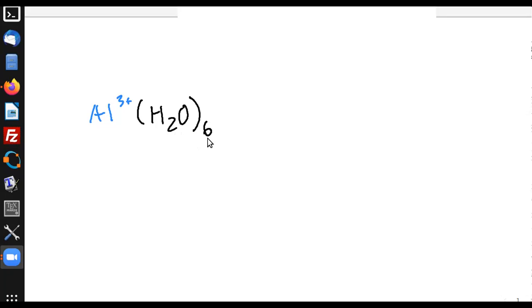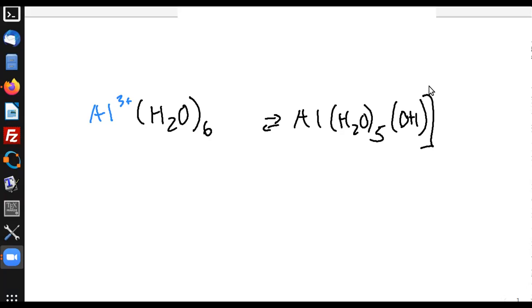There is no reason to choose 6 except that octahedral coordinations are quite common. Then the aluminum could attract at least some of the water molecules, so some of them would lose a hydrogen ion, and decrease the charge and then release hydrogen ions like that.